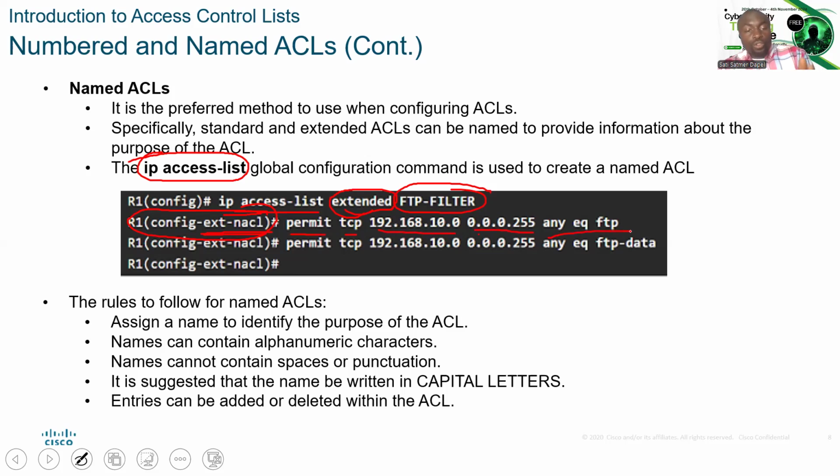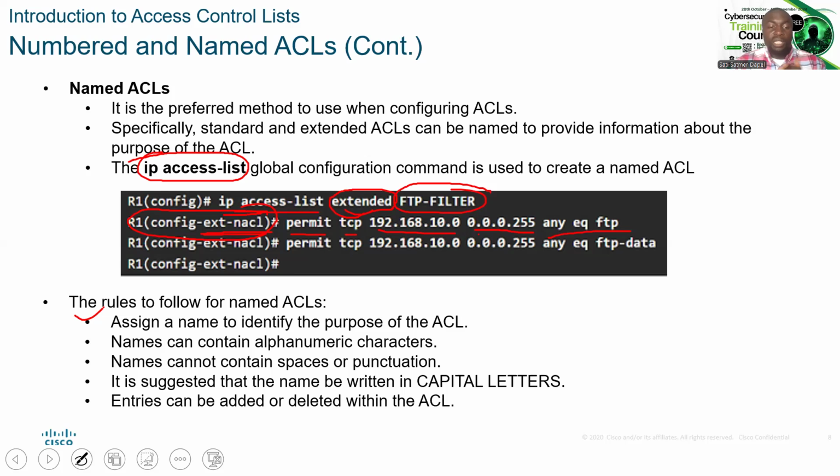So what are the rules to follow for a named access list? One, assign a name to identify the purpose of the access list. In this example, the purpose is to filter FTP traffic. Two, the name can contain alphanumeric characters.